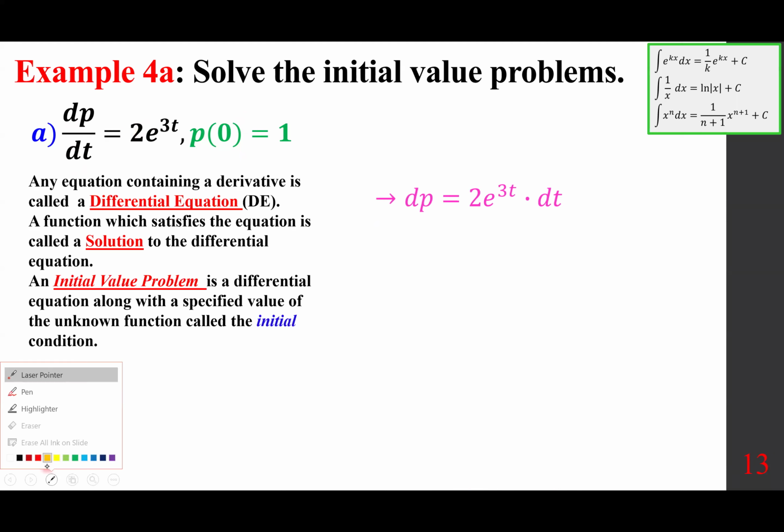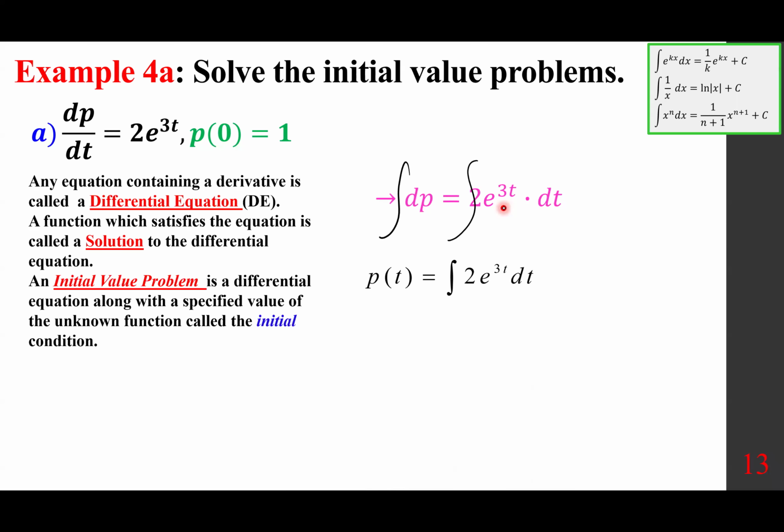And if I integrate both sides, the left side, everybody, becomes P of t, and we're going to integrate the right side. So first, let's not pay any attention to the initial value and just do the math. And remember, k is 3 here, and we divide by it. So the answer is 2/3 e to the power of 3t and a constant.